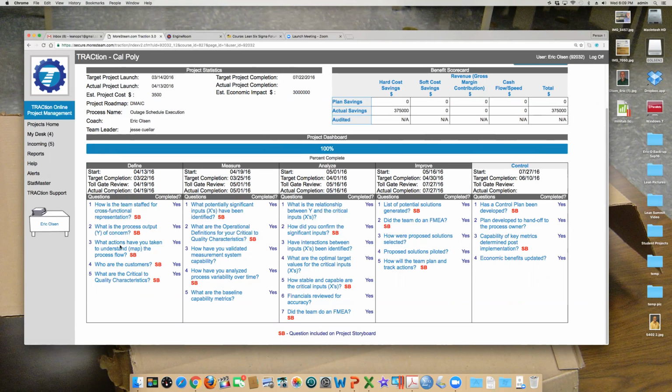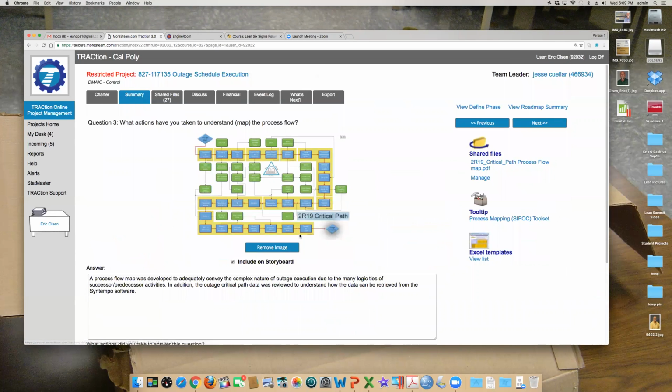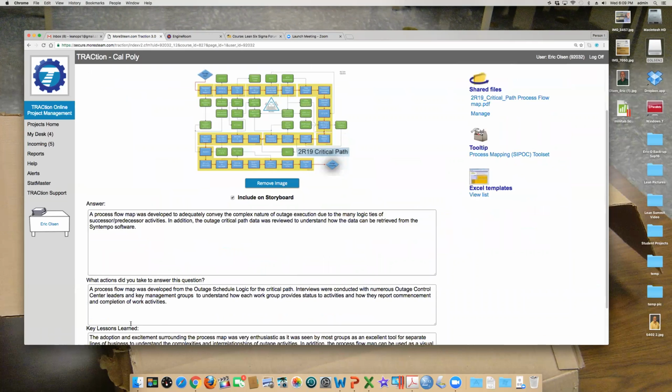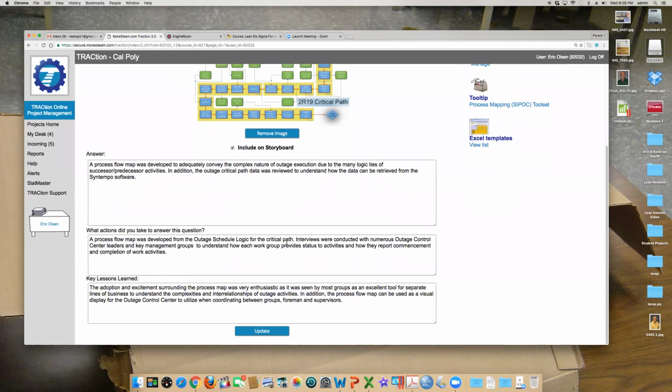I'm going to click on that and see what Jesse's got here. So this is where Jesse mapped the process, did a process flow map on outages. It says what the answer is. What do you do to answer the question? You did a flow chart, looked for logic for the critical path.